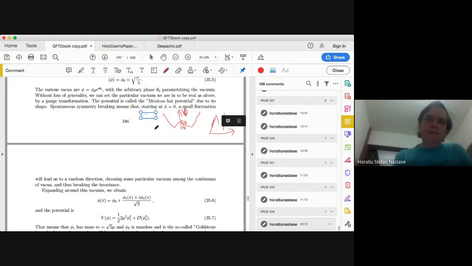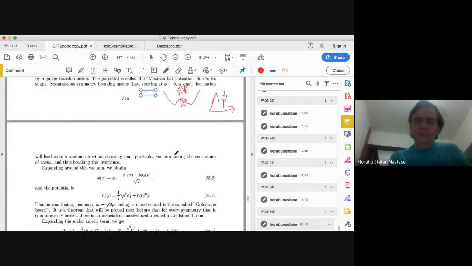So starting at phi equal to 0, a small fluctuation from the top of this local mountain can give us into any valley, right?